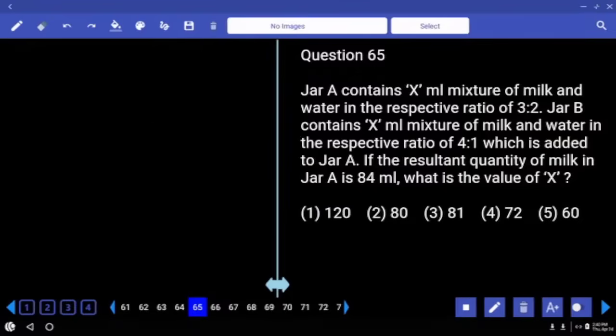You should understand something here. When you read the question, jar A contains total mixture, jar B contains the same. It is very important to identify the ratio in terms of number of parts also must be same.